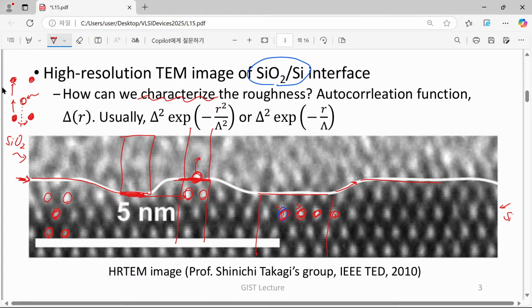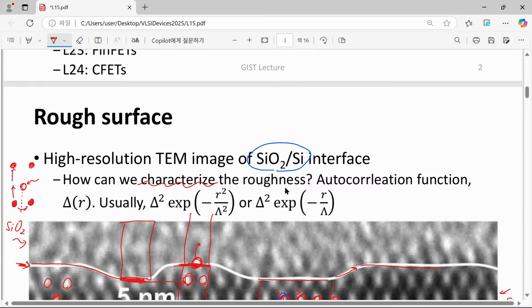The surface just does not look like this. I mean, if we go to this random sample, it's not like this, up, down, up, down, up, down. If our system or our interface really looked like this, then this would also have a certain order.